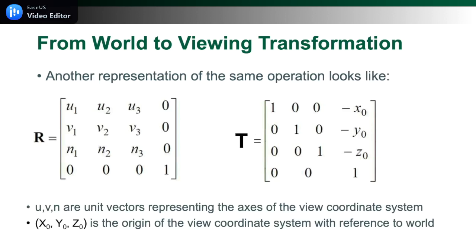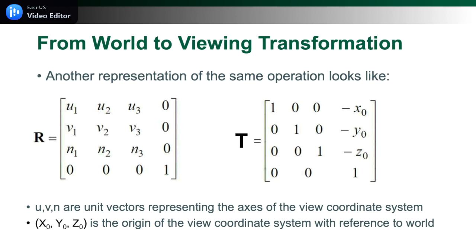Another representation of the same operation will look like this, and for this, if you paid attention to the earlier part of this presentation by Proma, she mentioned what U, V and N vectors are, which are basically unit vectors representing the axes of the view coordinate system. And x0, y0, z0 is the origin of the view coordinate system with reference to the world coordinate system.